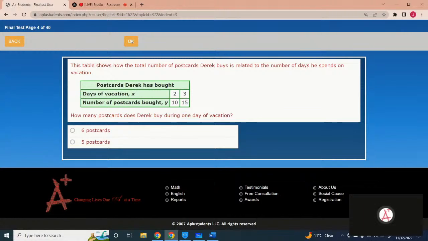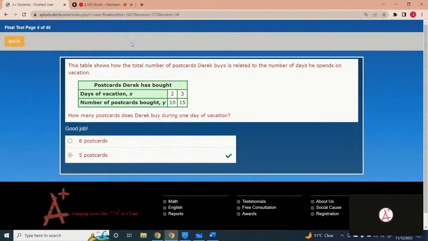That means he buys 5 postcards per day. Yes, it is 5 postcards.